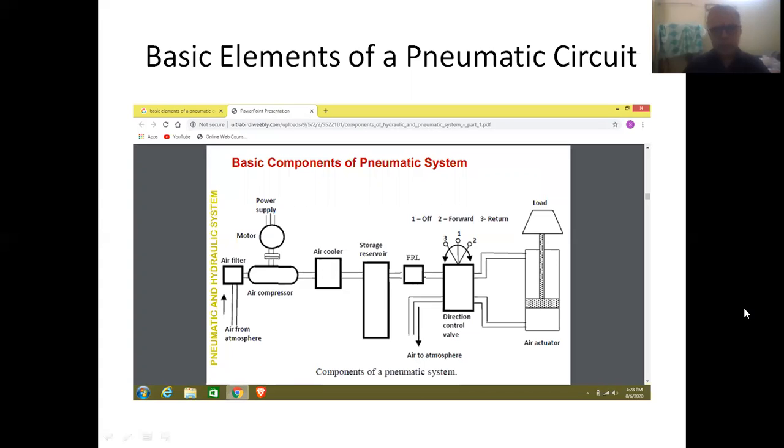This is the most important component of the pneumatic circuit. A piston is arranged inside the cylinder and fitted to a piston rod, and this piston rod can be fitted to a tool of a machine, or it can be fitted to the loading platform as shown in the figure.